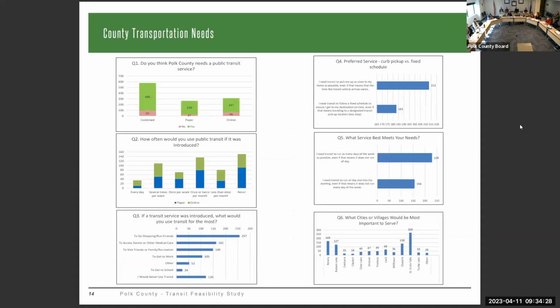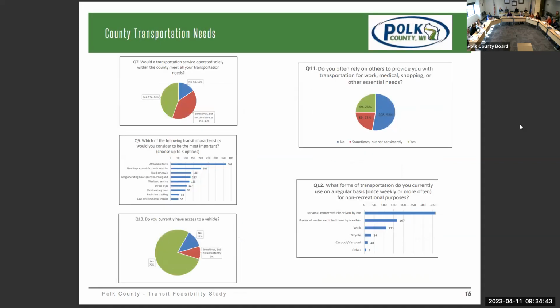Those are all pretty predictable, questions 1 through 6. Question 7 is on the next page, at the top left. Would a transportation service operated solely within the county meet all of your transportation needs? Over 50% said not always, or no, it wouldn't.